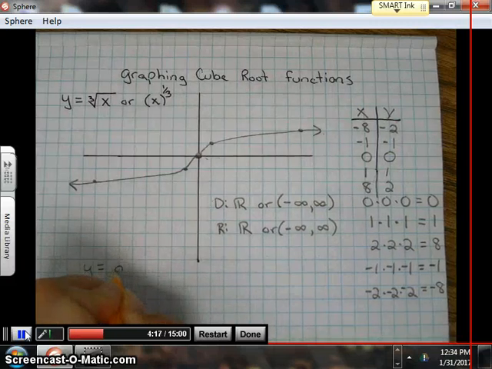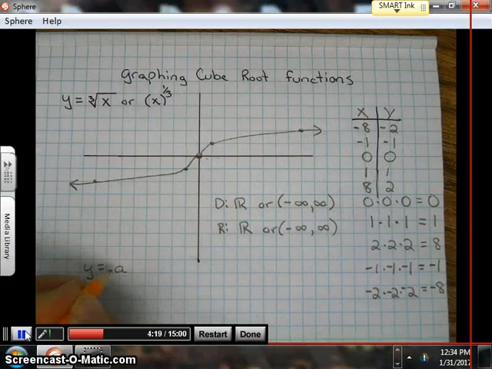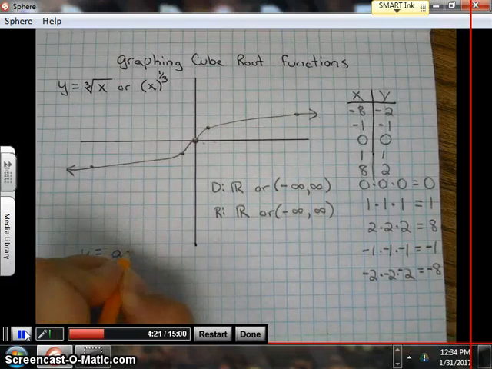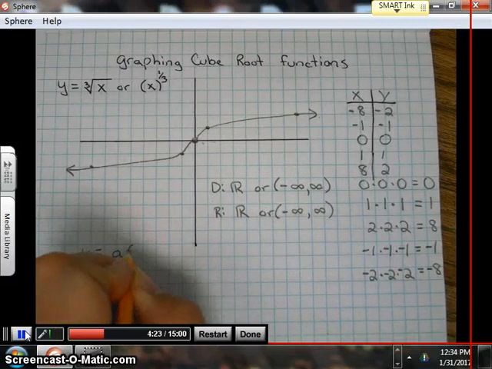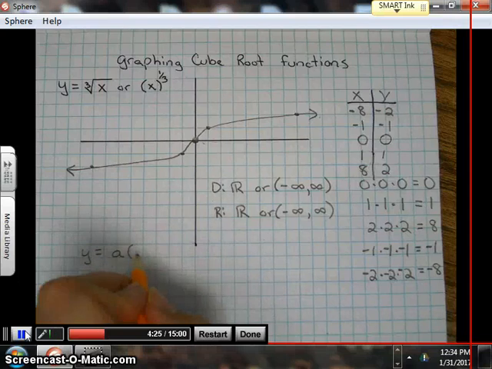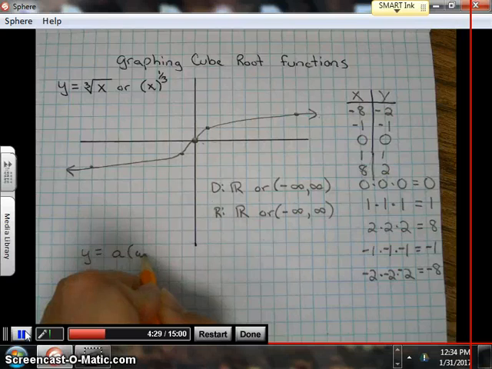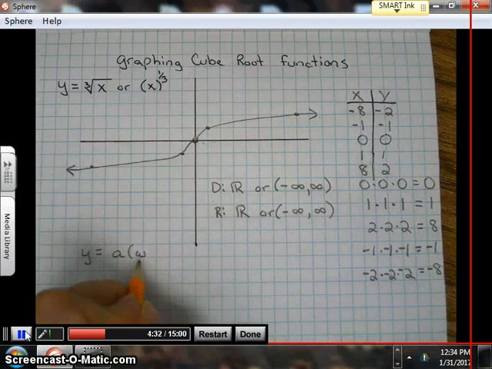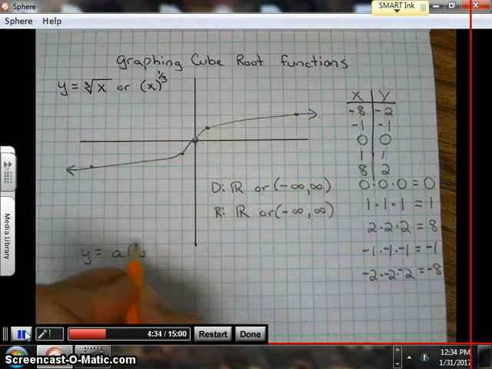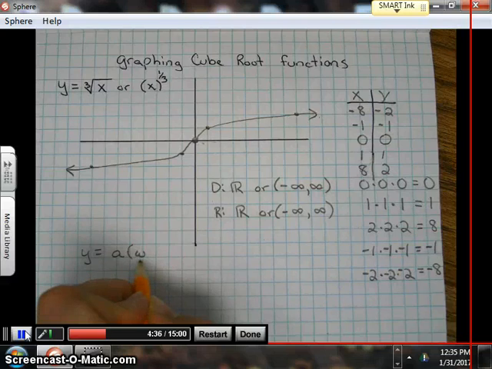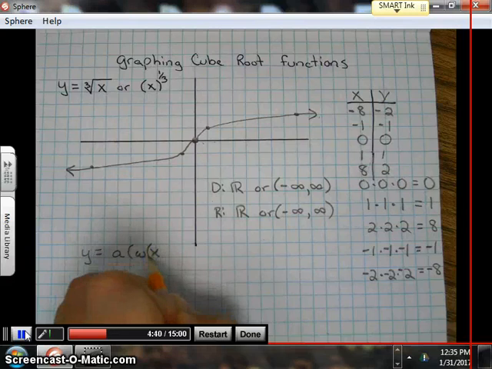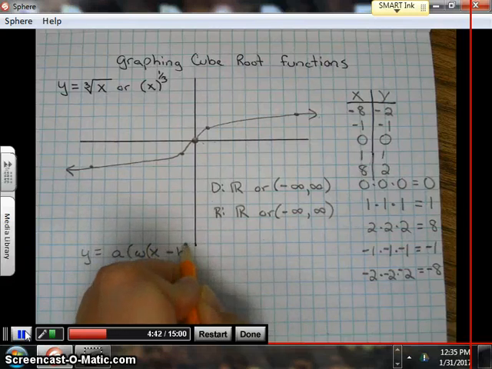We'd have our vertical stretch or compression. We would have, I'm going to go ahead and use omega here as my horizontal stretch or compression. Then the x, and then the h is my horizontal translation left or right.